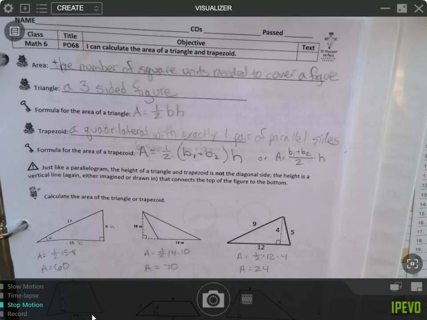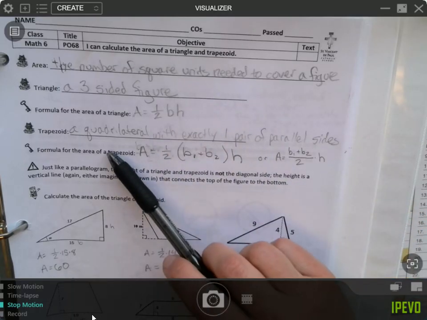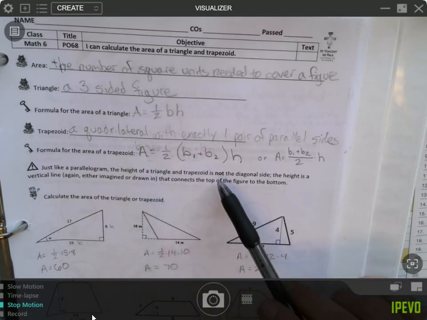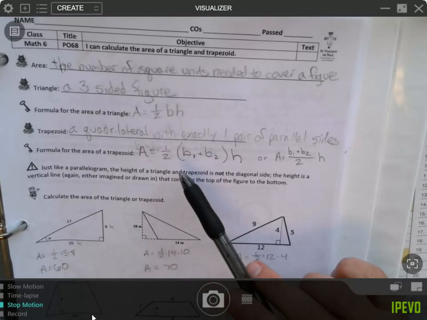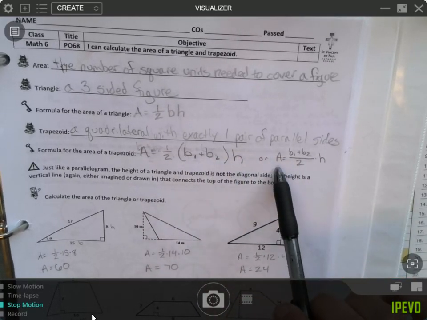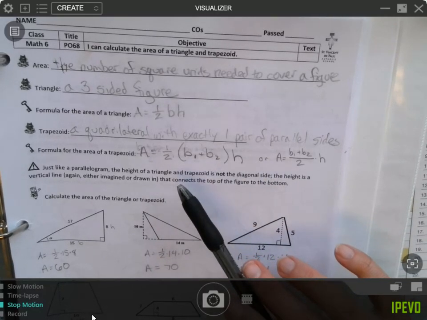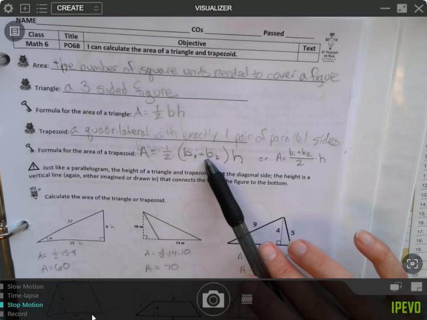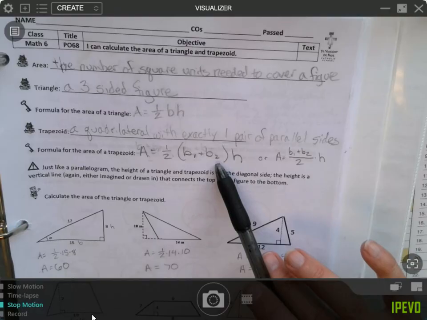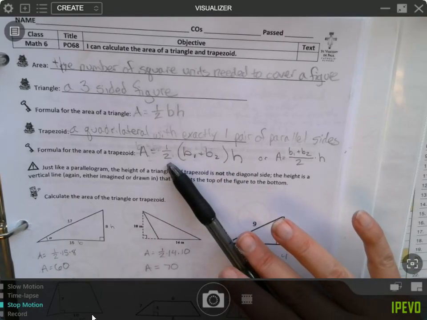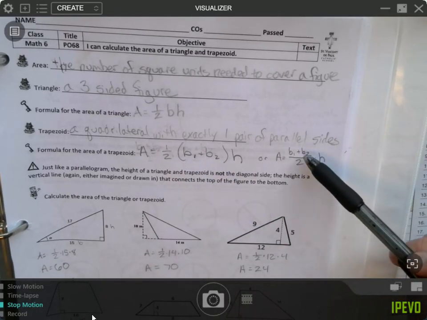It is not a diagonal side, no diagonals. Heights make that perpendicular line. Then the trapezoid, that trapezoid is two different ways we could look at that formula. 1/2 times the base plus the height, so you have to add those together first, then times it by 1/2 or divide it by 2.